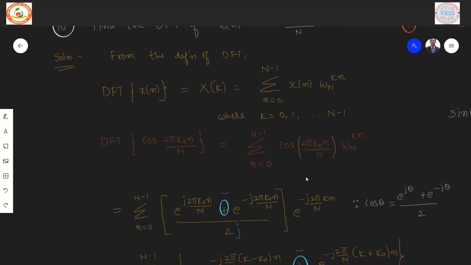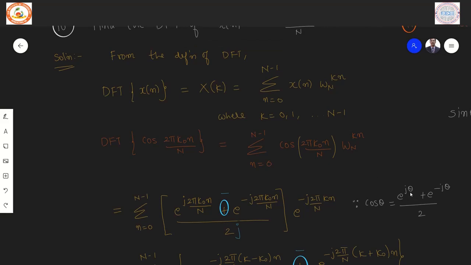Next, we are aware that cos of theta is equal to e power of j theta minus e power of minus j theta divided by 2j. So on substituting the value of cos, we can write... I'm sorry, correction please.